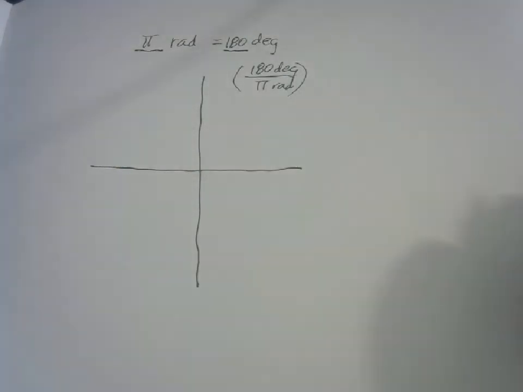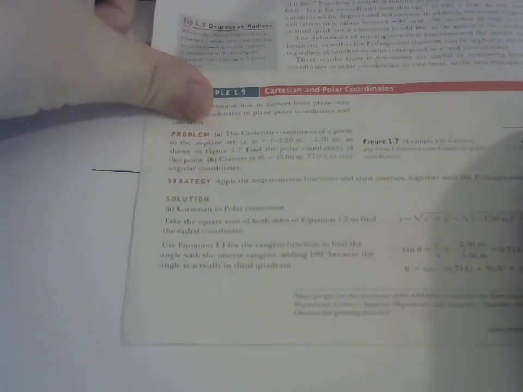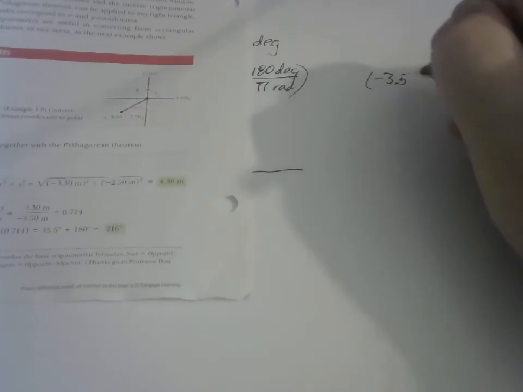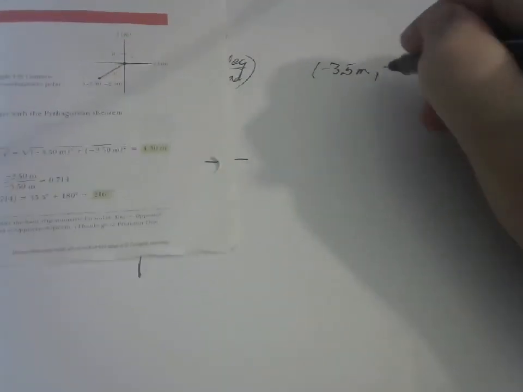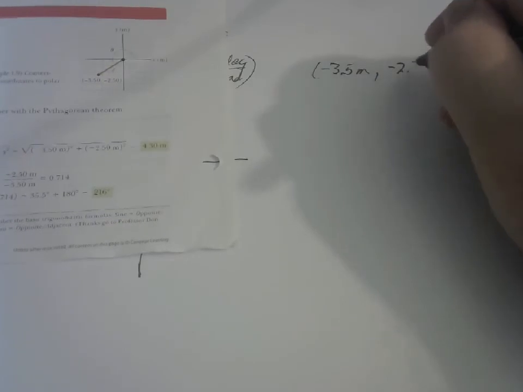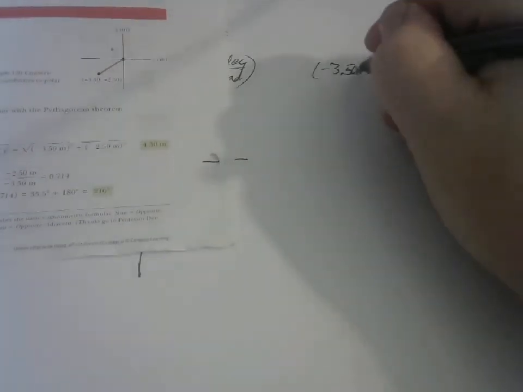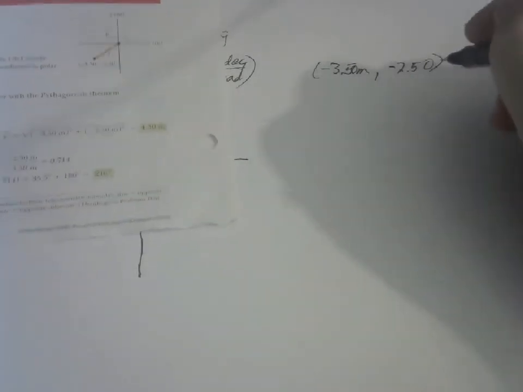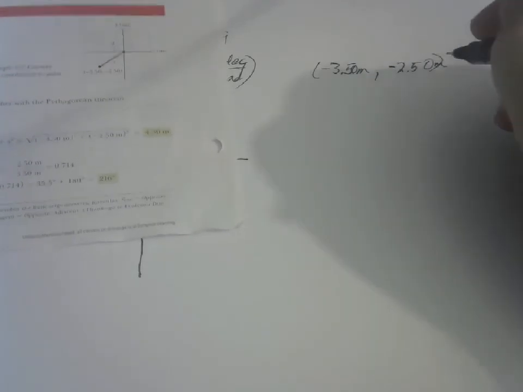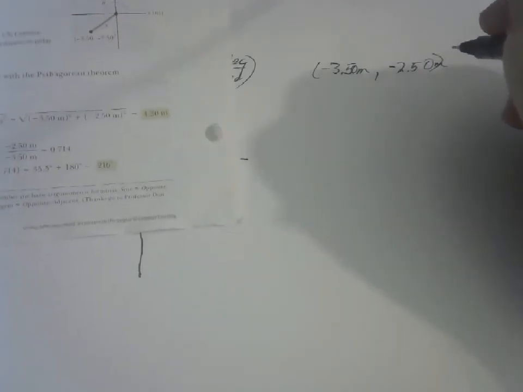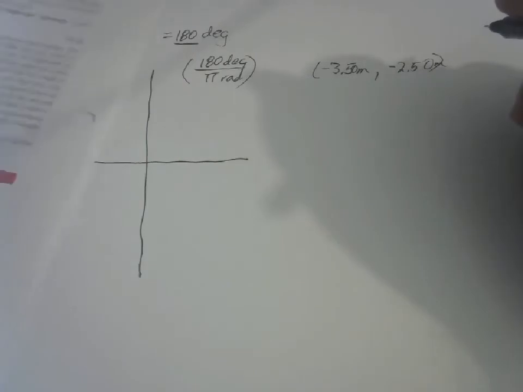All right, example 1.9 has the Cartesian coordinates of a point in the xy plane are negative 3.5 meters, comma, negative 2.5 meters. They give 3 significant digits in both of these cases. And it says find the polar coordinates of this point.